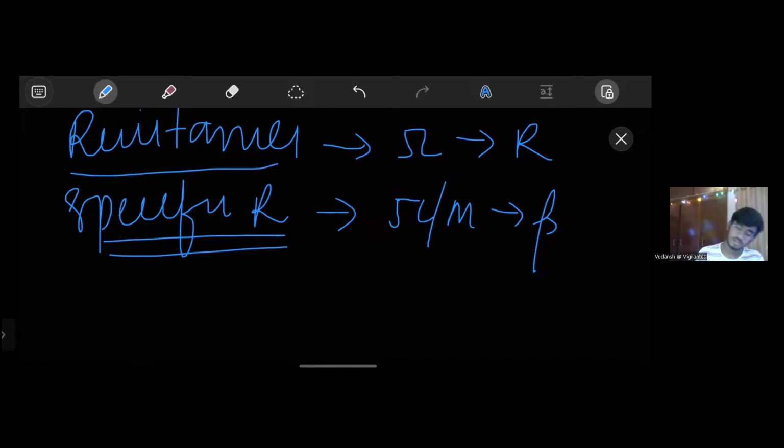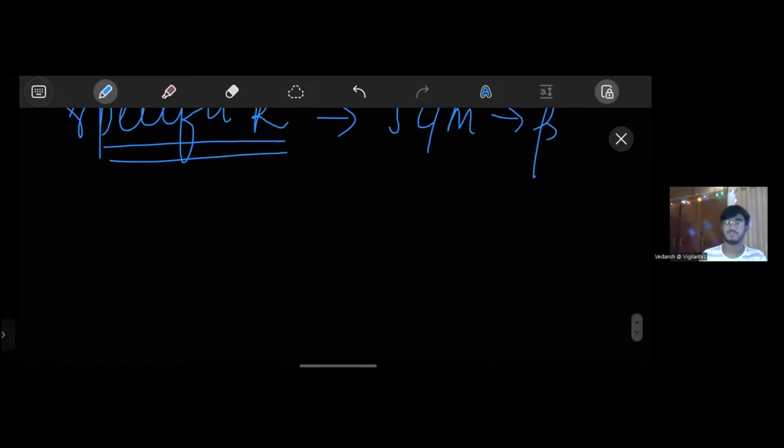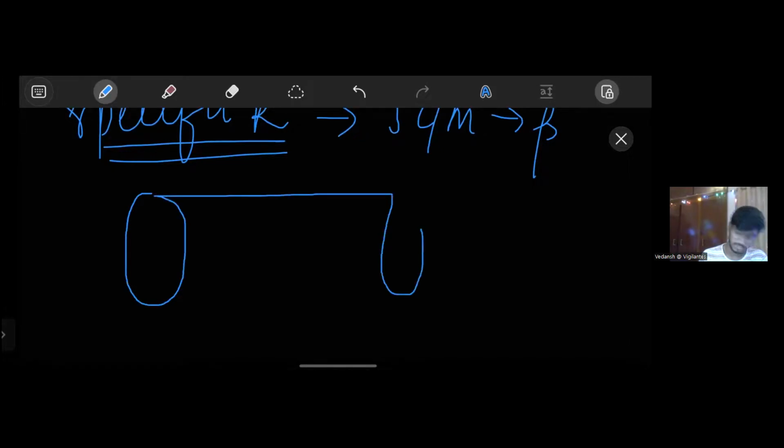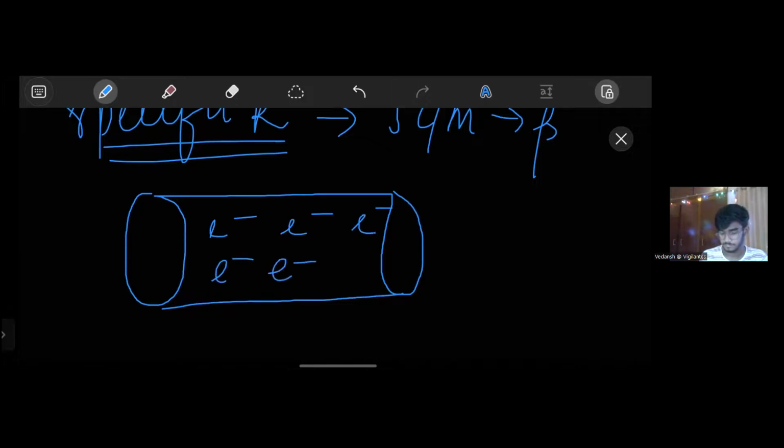Now, how can I say कि free electrons कम होंगे तो resistance कम रहेगा and free electrons ज़्यादा रहेंगे, resistance ज़्यादा रहेगा. Now, see, this is a conductor. Over here, I have with me. This is a conductor, right? इसके अंदर already electrons है. Correct? Now, to these electrons, we are inducing some electrons.